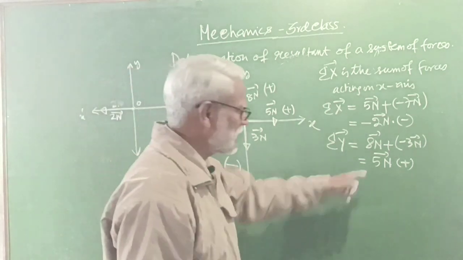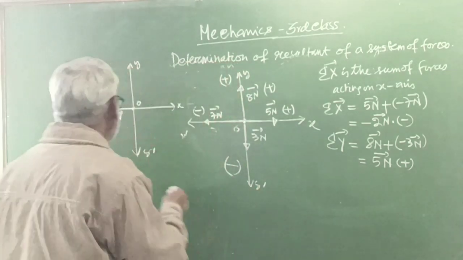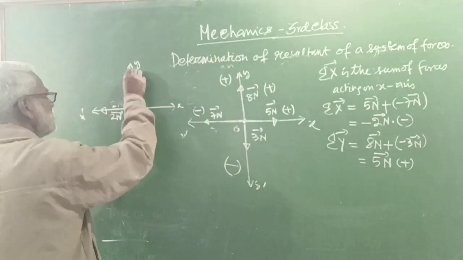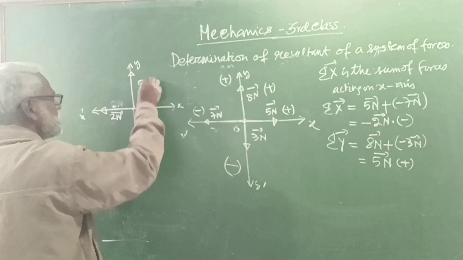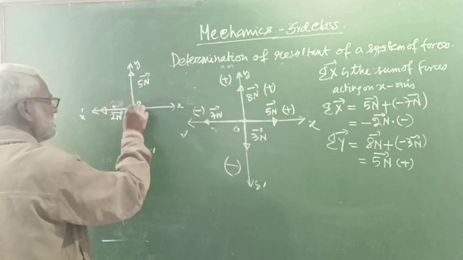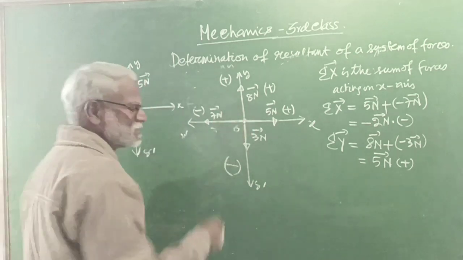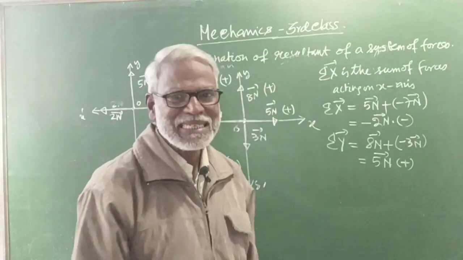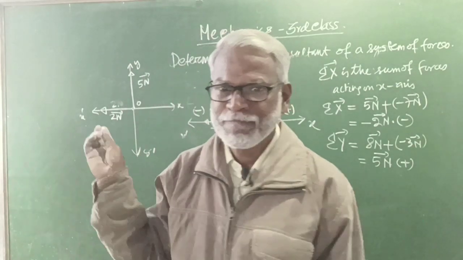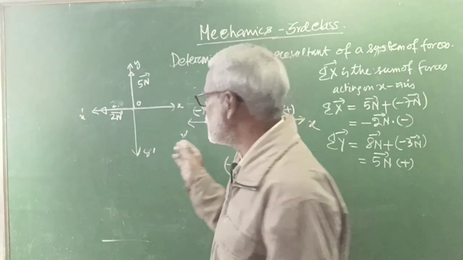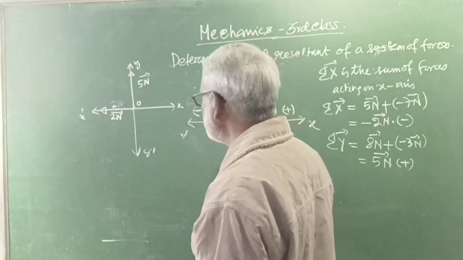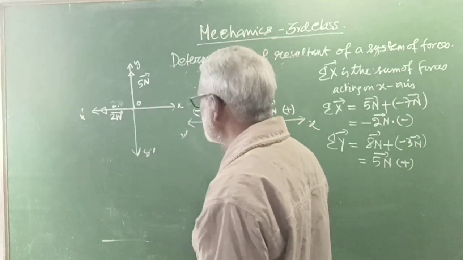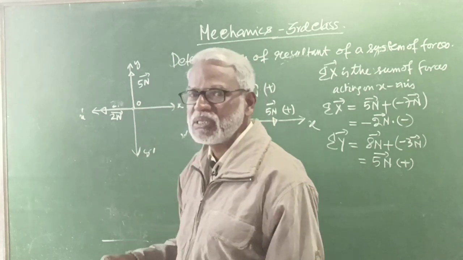Then sigma y is 5 Newton, and it is positive, which means 5 Newton along the positive direction. Now the system of 4 forces has been changed into a system of 2 forces.